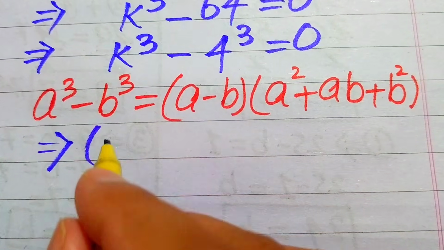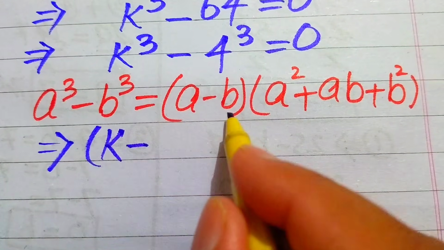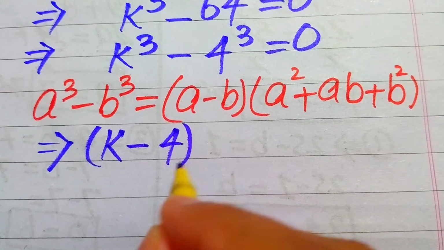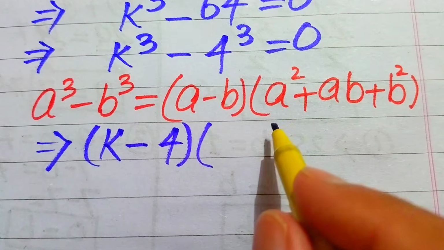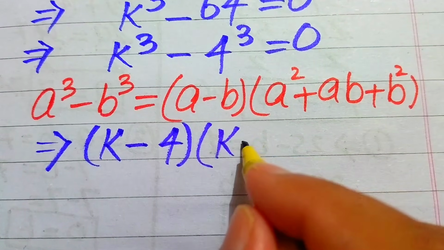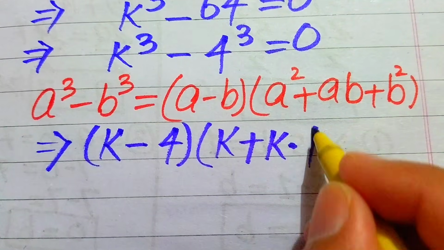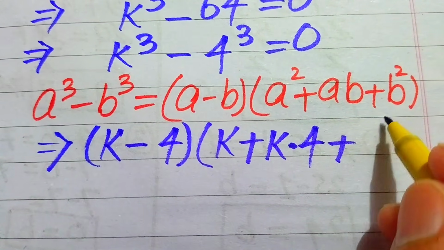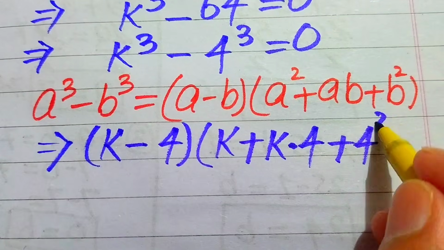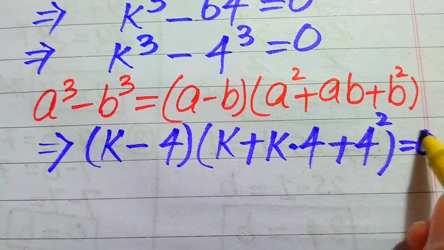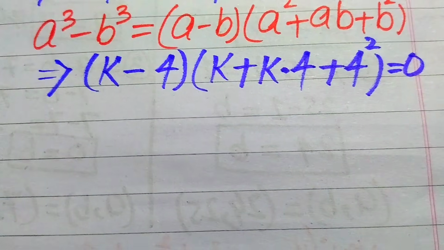According to this rule, we expand the left hand side of the above equation as a minus b. Here the value of a is k and the value of b is 4, into a square, the value of a is k, plus ab, where a is k and b is 4, plus b square, so 4 square, and this whole equation is equal to 0.